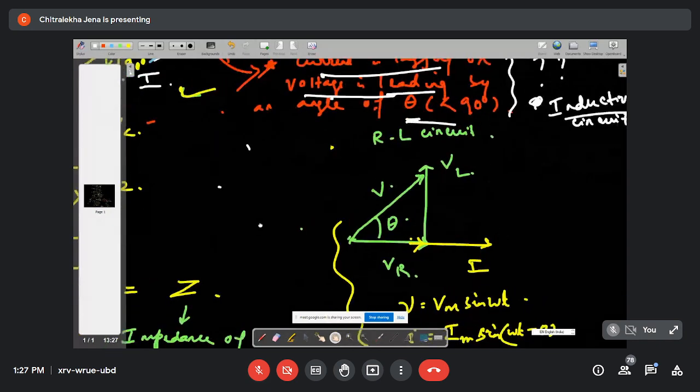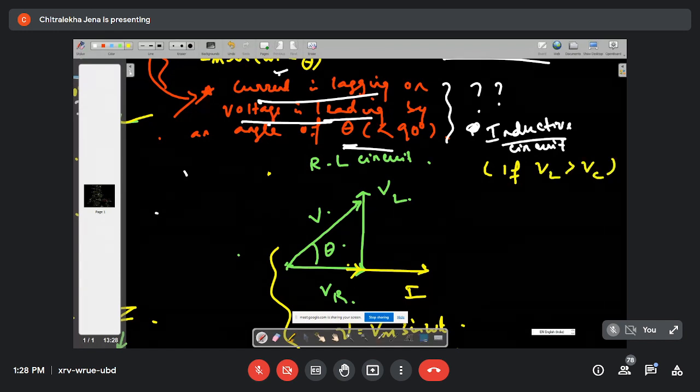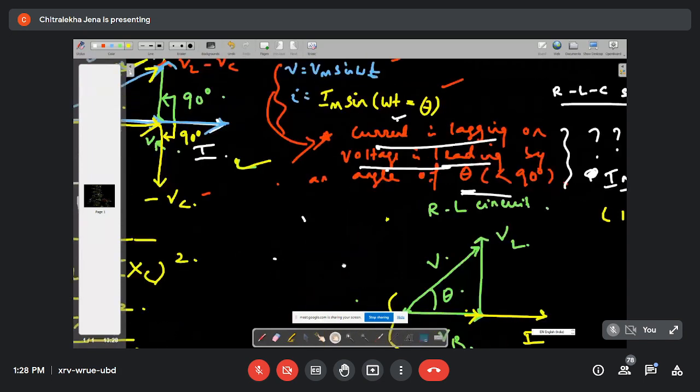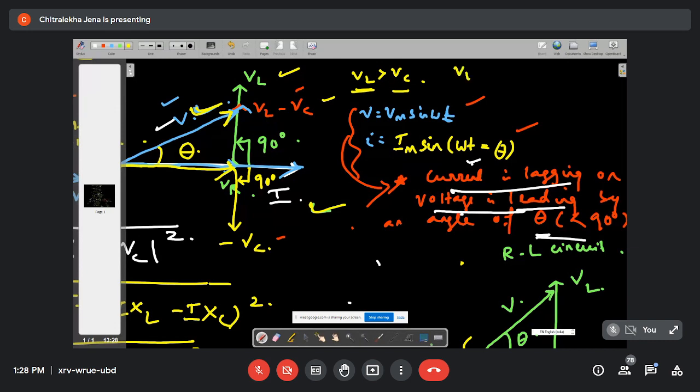So why is it an inductive circuit? Because initially, when I drew the phasor diagram, I wrote that if VL is greater than VC, the resultant is in phase with the VL vector. That means VL is greater than VC. VL is equal to I into XL, and VC is equal to I into XC.